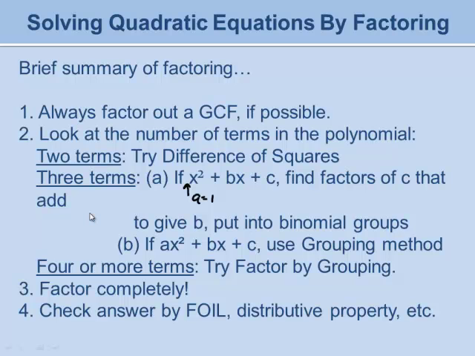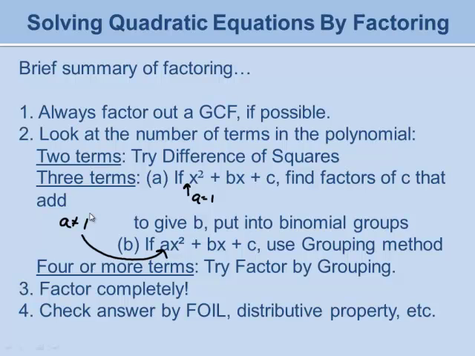If, on the other hand, you have a more complicated trinomial where a is something other than 1, or even if a is 1, there is a step-by-step method called the grouping method that you can factor those more complicated trinomials with, and we will review that. And if you have 4 or more terms, try to factor by grouping.